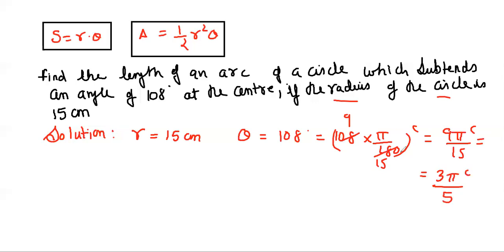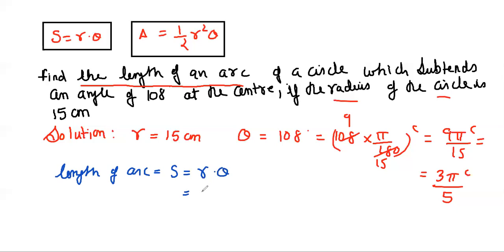Now what we are asked to find out, please look here beta, find the length of arc of a circle. So I would write down here with another color: therefore length of arc, which is written as S, is always R into theta, radius into angle.